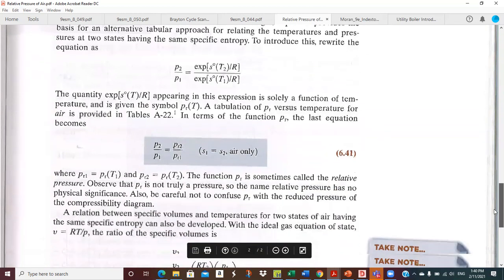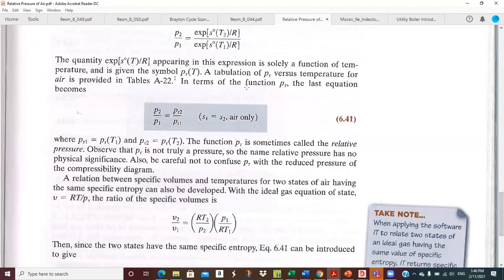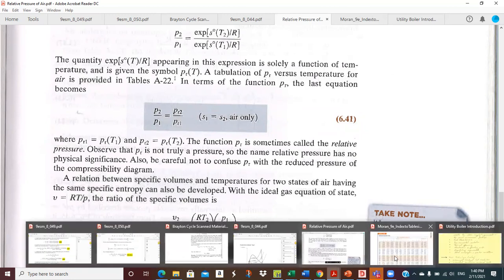And so for air, and this is for isentropic only, I mean, this applies directly to an isentropic process, the pressure ratio is the same as the ratio of the relative pressures, and the relative pressures are tabulated in table A22.